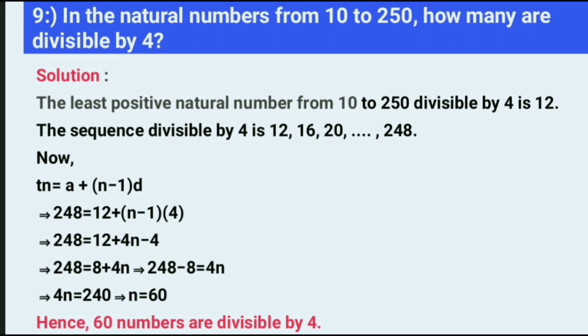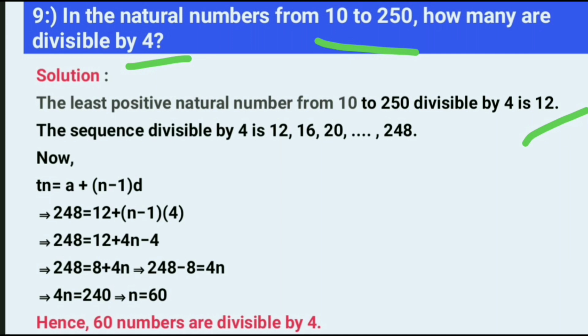Question number 9. In the natural numbers from 10 to 250, how many are divisible by 4? Now solution. The least positive natural number from 10 to 250 divisible by 4 is 12.